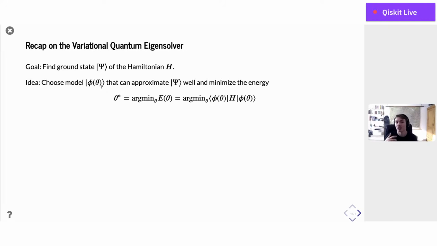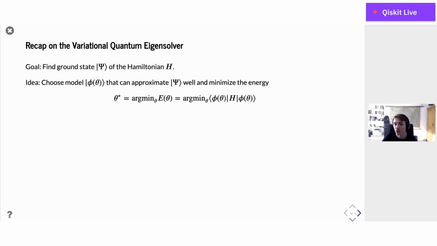And you want to approximate the ground state psi with this model. And how you can do that is that you know that the exact ground state psi will minimize the energy. So the best parameters that you can find so that the energy for your state phi is minimal, this is going to be your best approximation to the ground state.